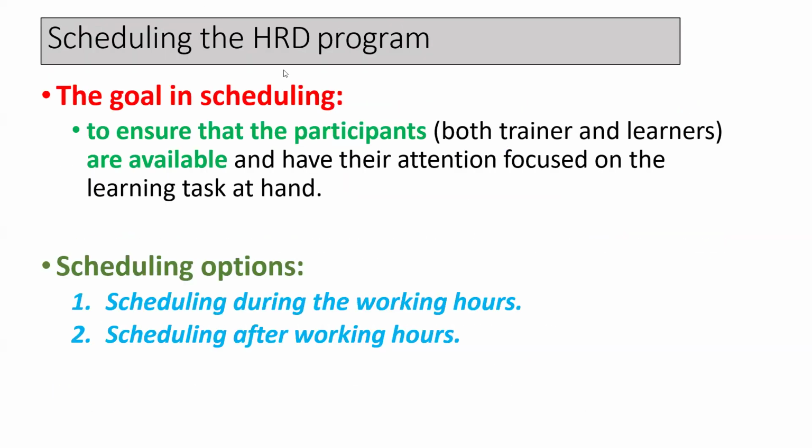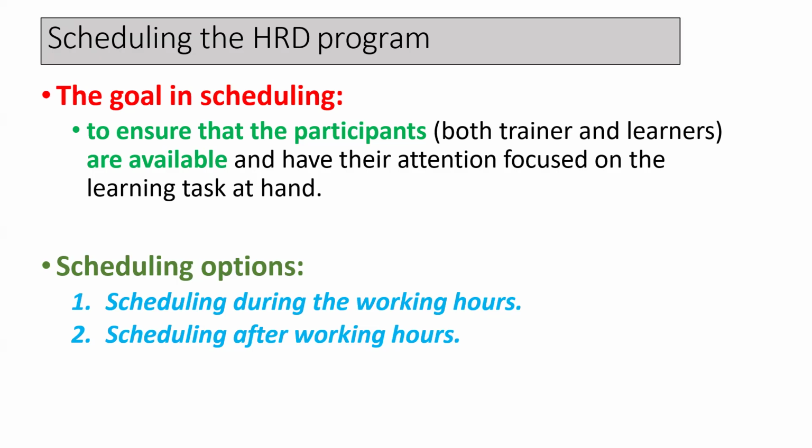Then the last point, scheduling the program. Basically, we can schedule the program during the working hours or after the working hours. This must be decided very carefully, because our ultimate task is to get 100% involvement of the participants, right? Our task is to get 100% participation from the employees or trainees.